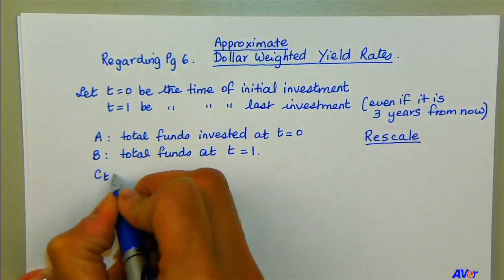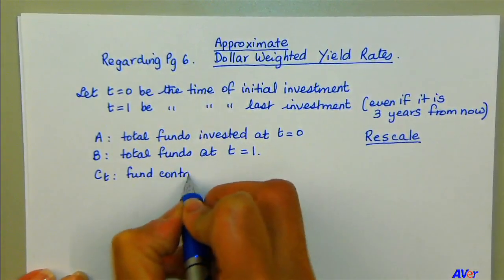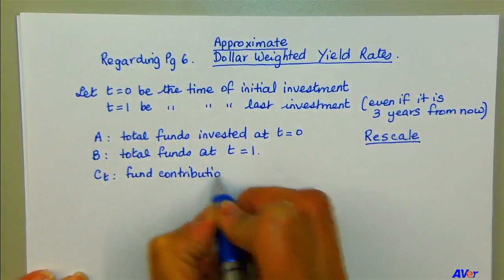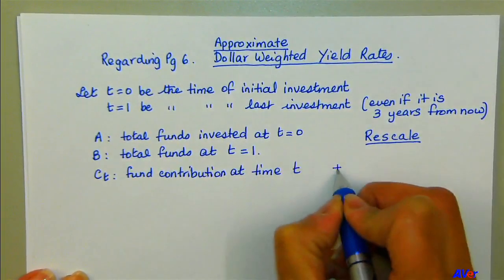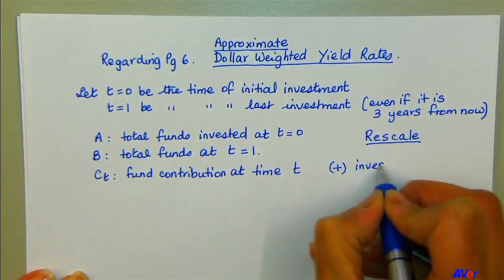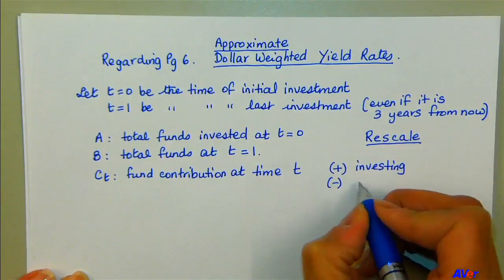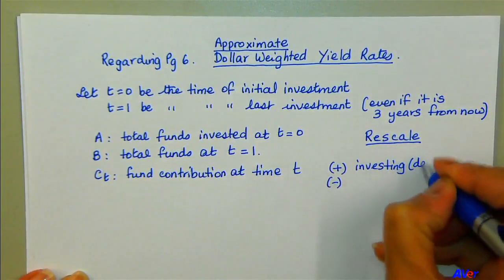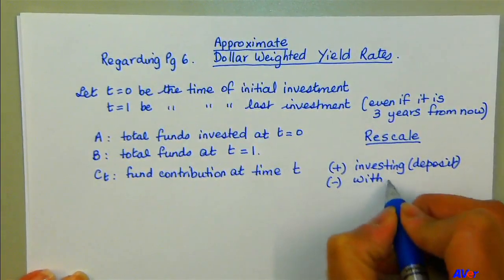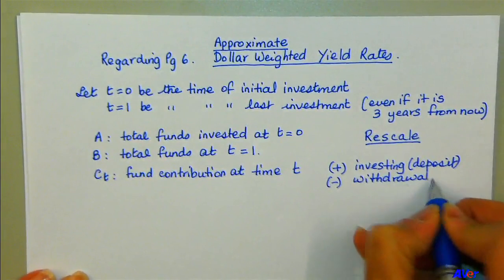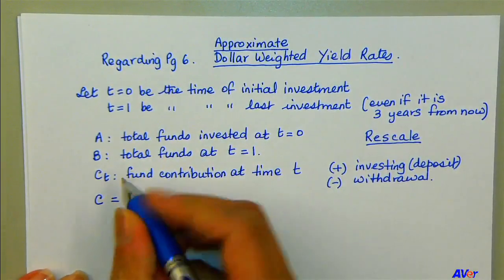C_t is the fund contribution at time t, positive for investing and negative for withdrawal. So by investing I mean deposit, and negative for withdrawal as usual. Let C be the summation of C_t.